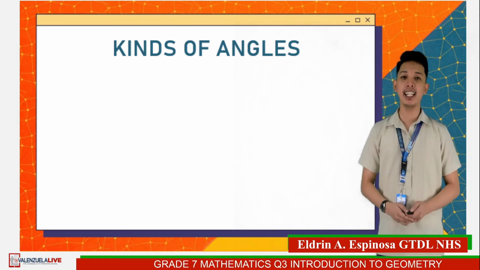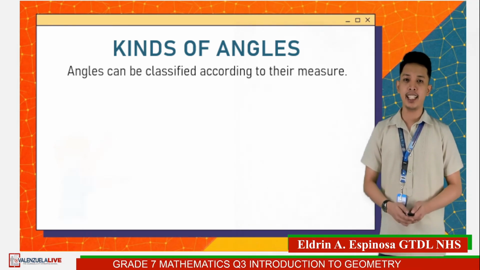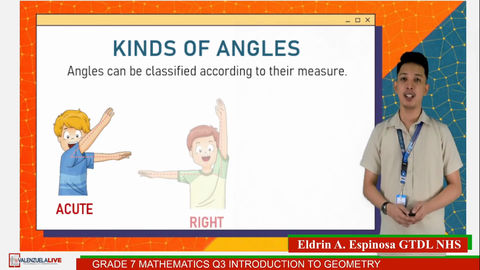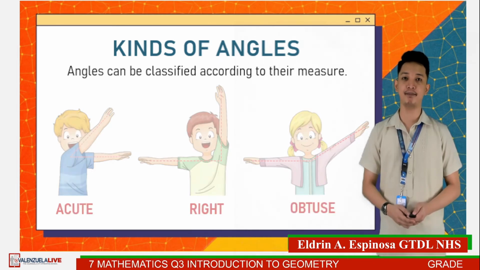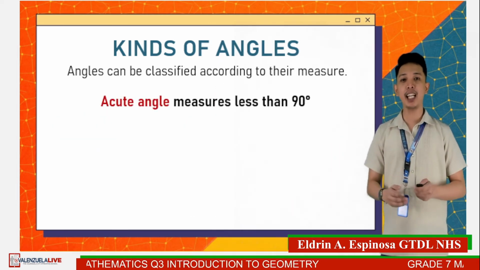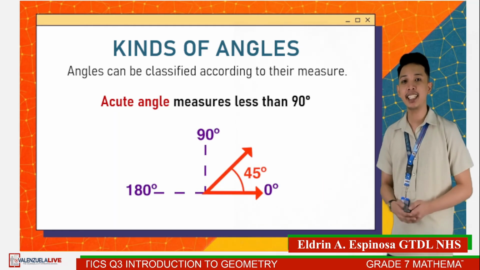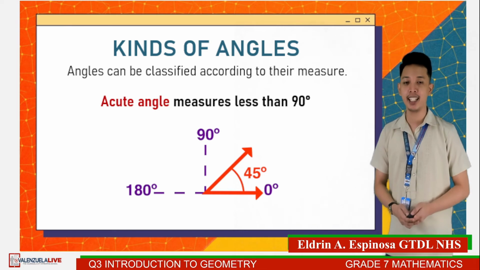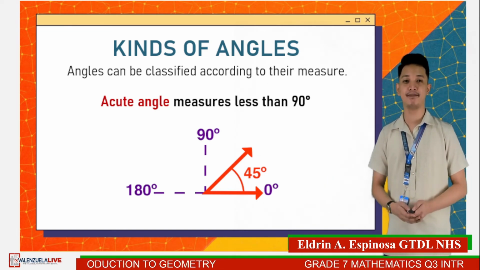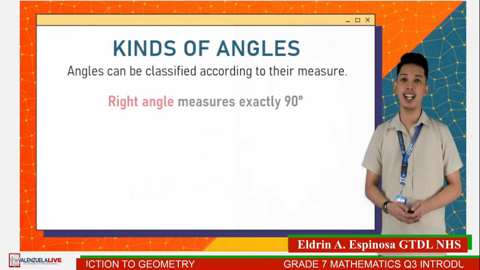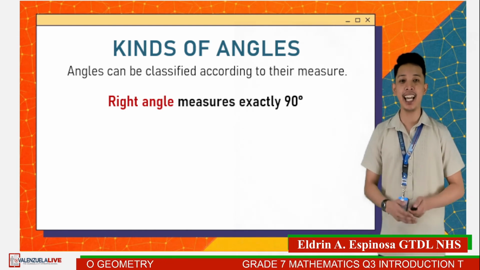Now, in geometry, angles can be classified according to their measure. They can be acute, right, or obtuse. An acute angle measures less than 90 degrees. This is an example of an acute angle whose measure is 45 degrees. Next, a right angle measures exactly 90 degrees.